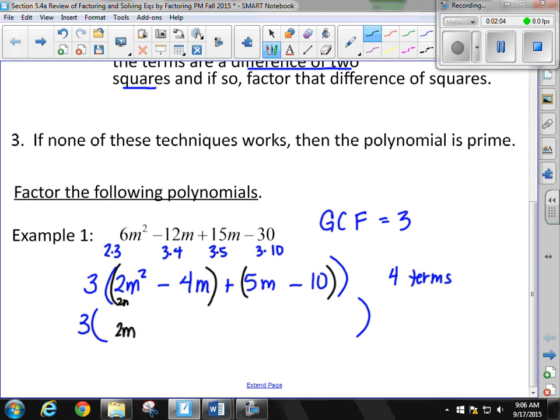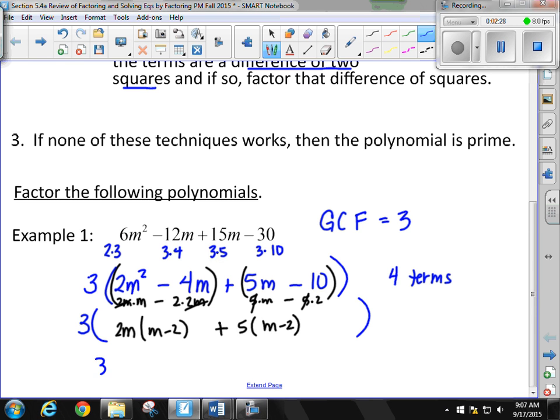This is 2m times m minus 2 times 2m. If I take out the 2m, I'm left with m minus 2 plus my second group. This is 5 times m minus 10, which is 5 times 2. If I take out the common factor of 5, I have left m minus 2.